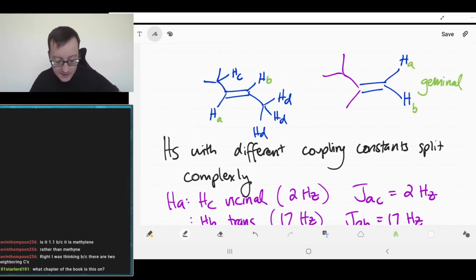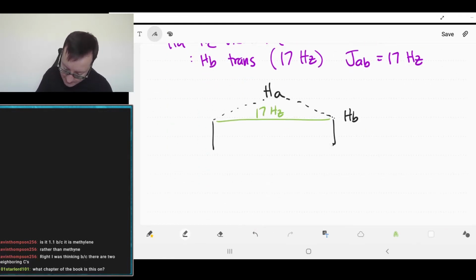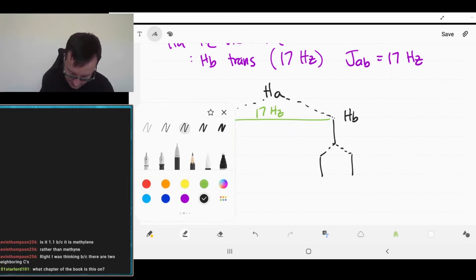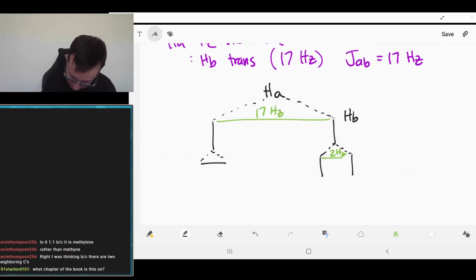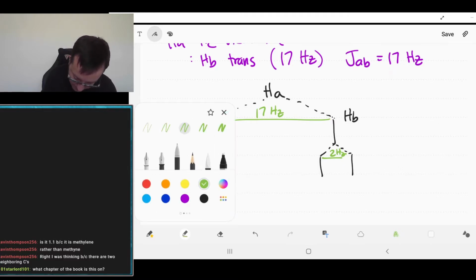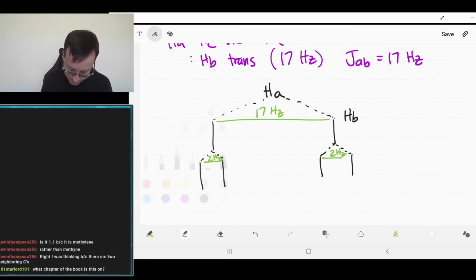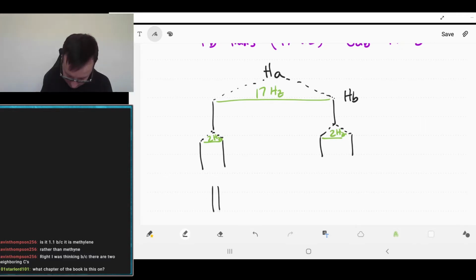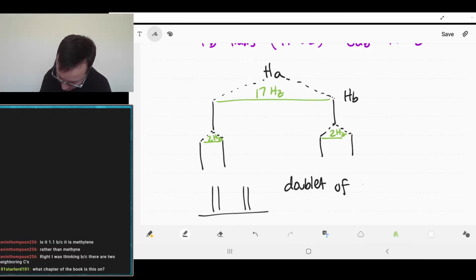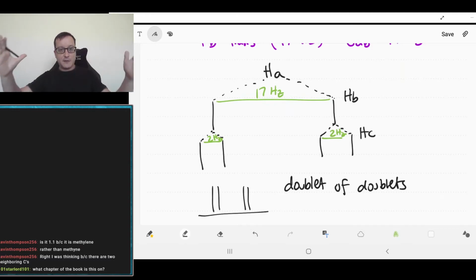And now HA also sees HC, so we split each of these by 2 hertz. Instead of seeing a triplet, we're going to see what's called a doublet of doublets. First HB splits it, that's the far away splitting. Then HC comes in and splits that further.